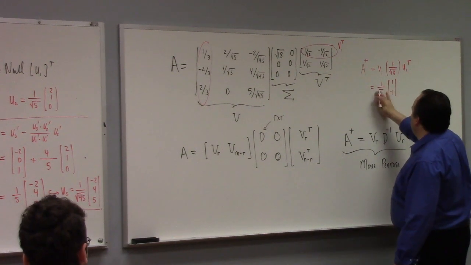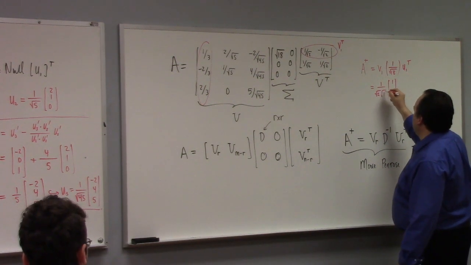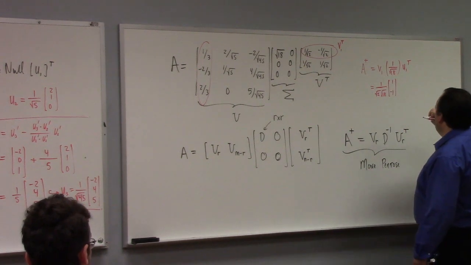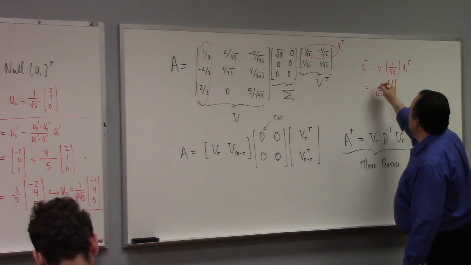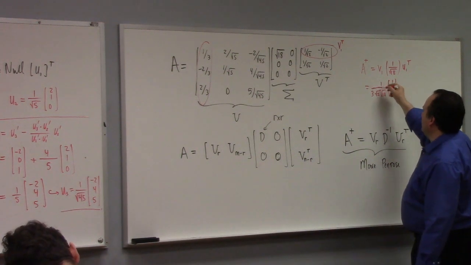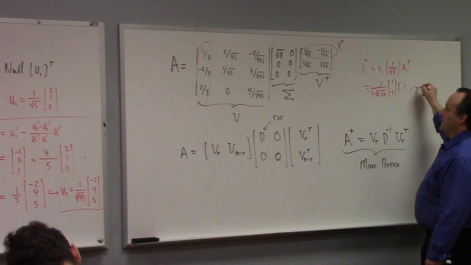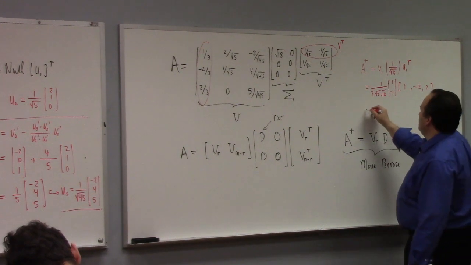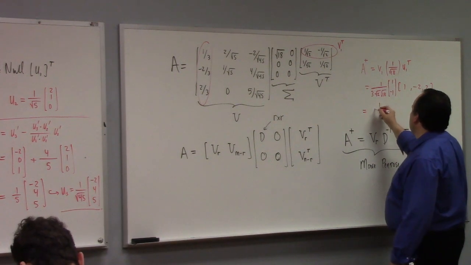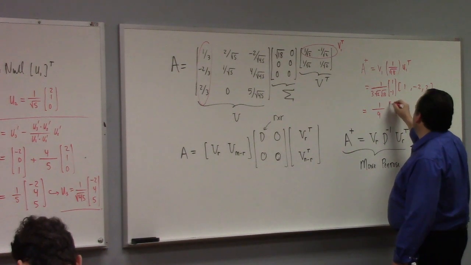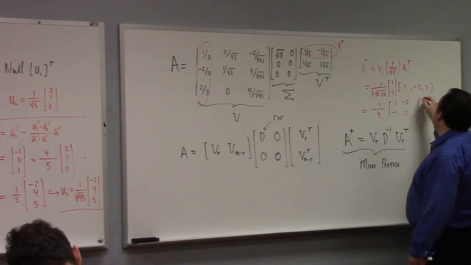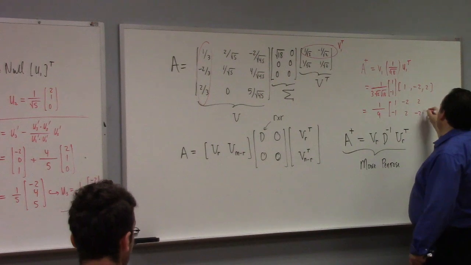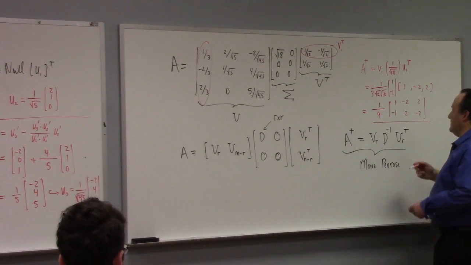I hate fractions, let's keep them all up front. So it's like 1 over 9 times the matrix 1, minus 1, minus 2, 2, 2, minus 2. So there you go.